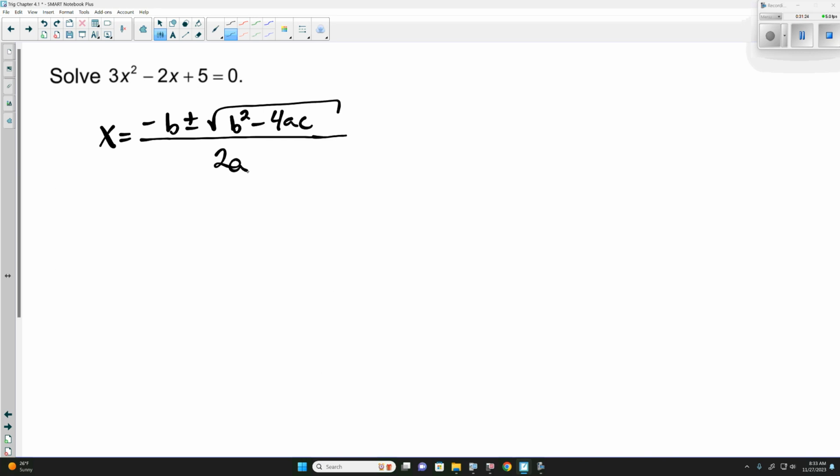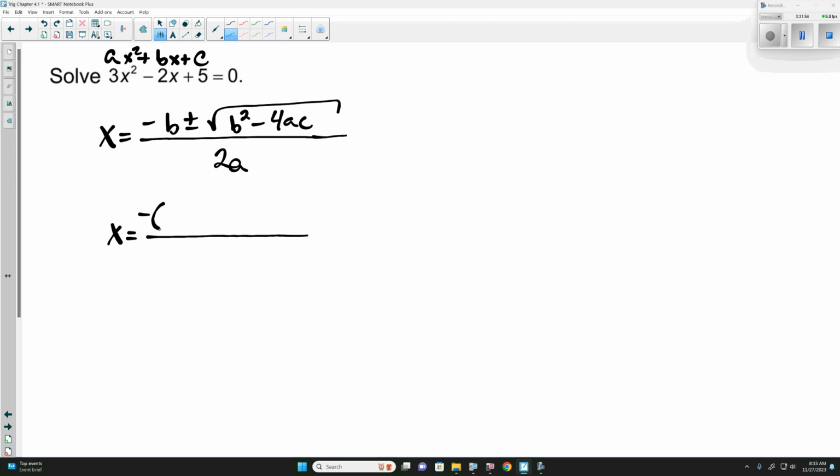Now the TI-89s, and pretty much some of the calculators after it, can actually solve these for us. Kind of nice. And the values of a, b, and c are coming from the general version of any quadratic equation, or ax squared plus bx plus c, where a is the number in front of x squared, b is the number in front of x, and c is the constant term.